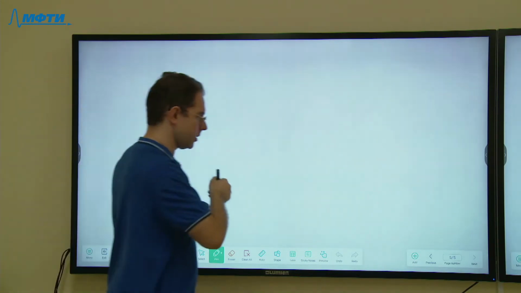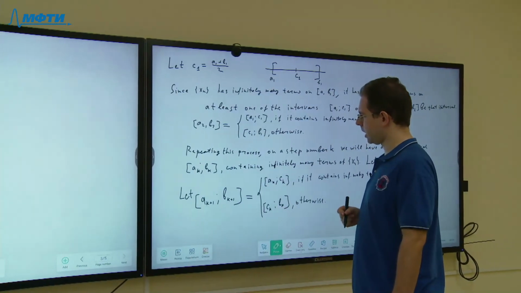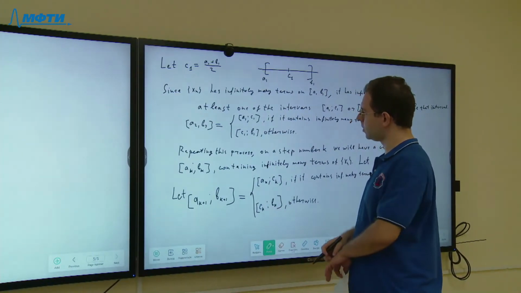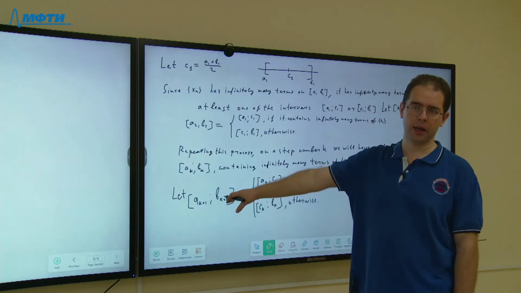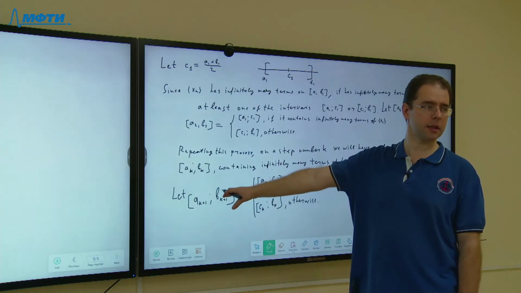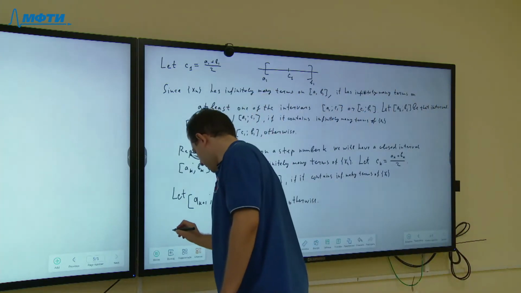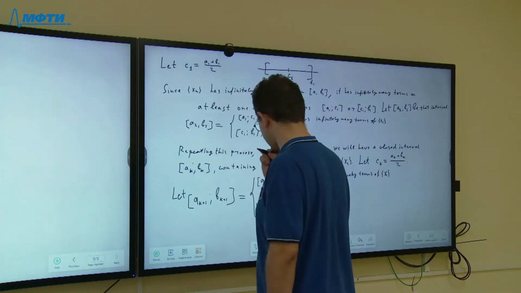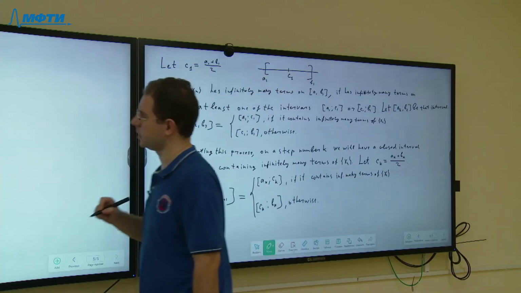Let me write it down. And also let me note that those intervals AK, BK are nested intervals. Can you see?